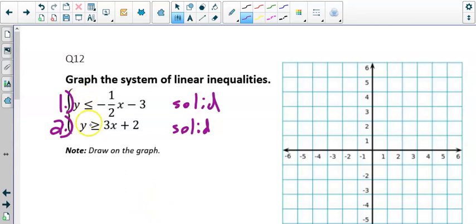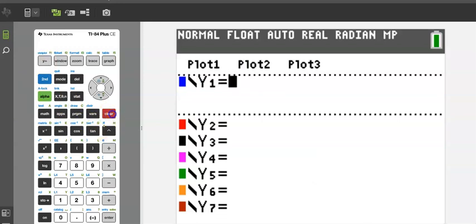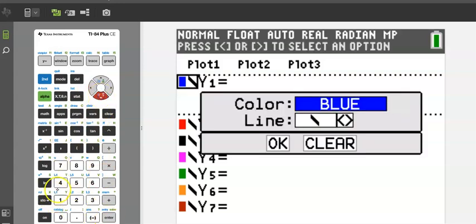So because we are less than or equal to this time, for my first equation, when I go over here to pick my symbol, do I want the top triangle or the bottom triangle? The bottom, because we are less than this time.